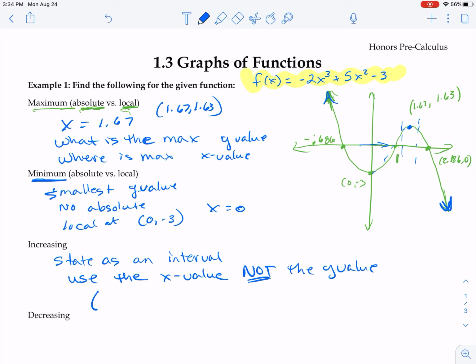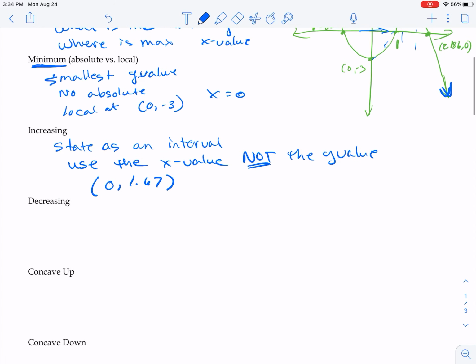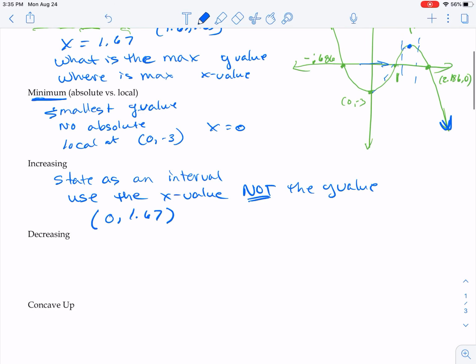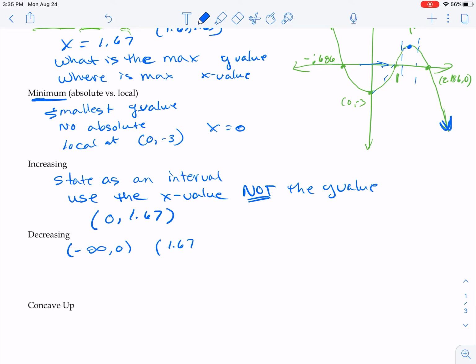So in this case, it's going to be increasing from 0 to 1.67. Okay? All right. Decreasing is when, as x goes to the right, y is getting smaller. In this case, our intervals go from negative infinity to 0 and from 1.67 to infinity.